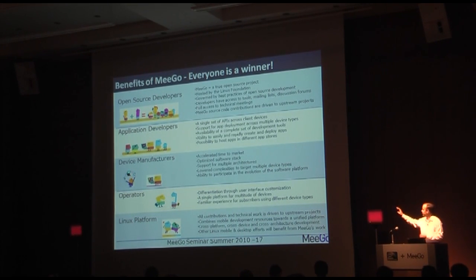For device manufacturers, the technologies and the openness will, I think, bring tremendous value. You're going to start seeing the first MeeGo products coming on market. You heard from Nokia, they have a device plan for this year. There's the flexibility in terms of supporting multiple architectures and multiple device types, and also the ability to really participate in driving the project.